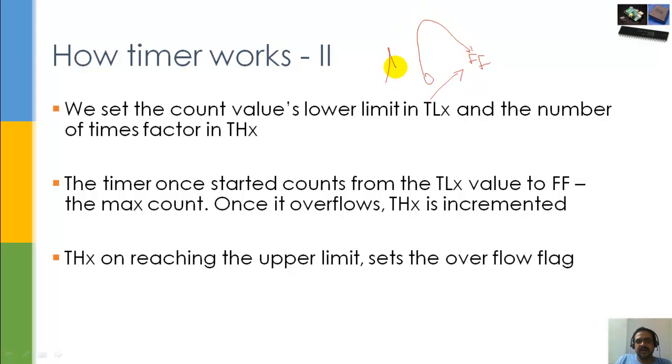So this is my lower limit and this is my upper limit. Depending upon the delay you want, I can load an appropriate hexadecimal number in the TL register, and once you initialize the timer, it will always count from 00 to that number.